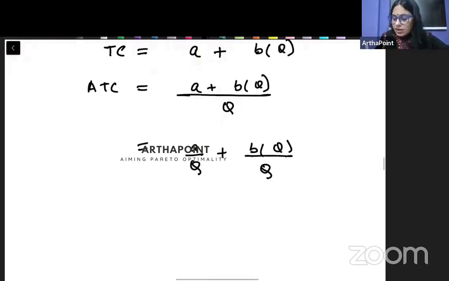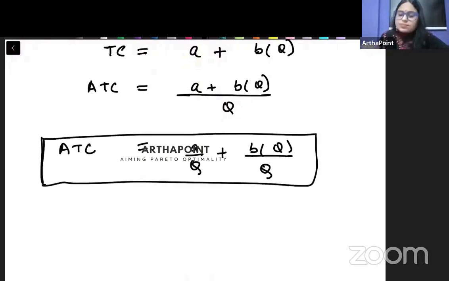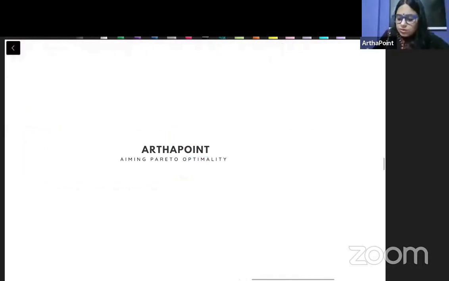Is that clear? Now, this is my ATC, my average total cost. Now, when my A will increase, then my ATC will also increase. If my ATC will increase, it will shift upwards. Look, this is my ATC curve.